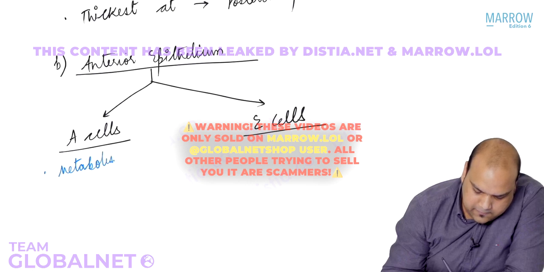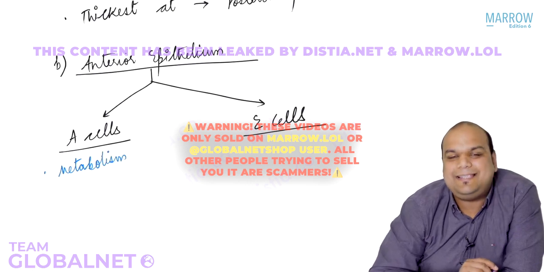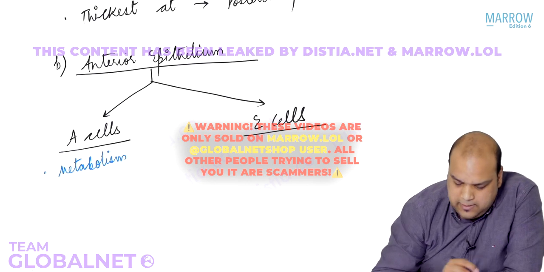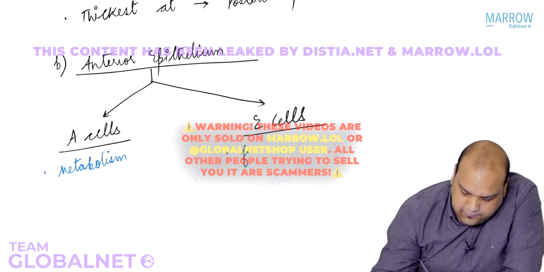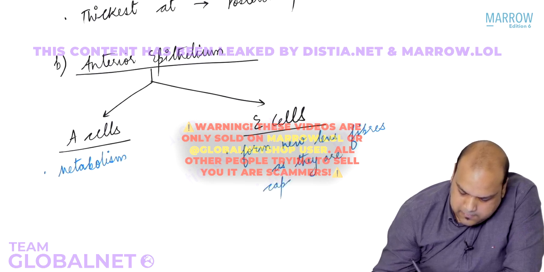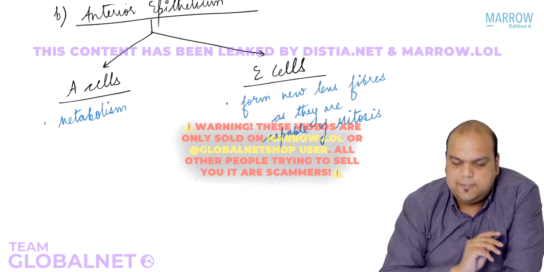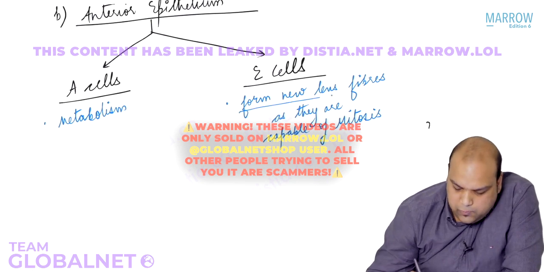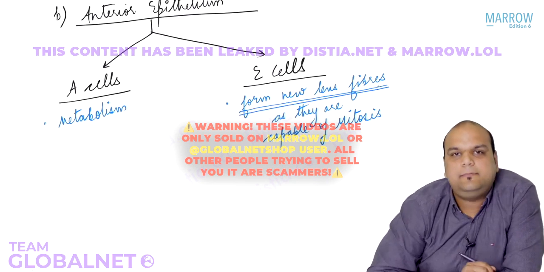The function of A cells is metabolism, but E cells form new lens fibers as they are capable of mitosis.